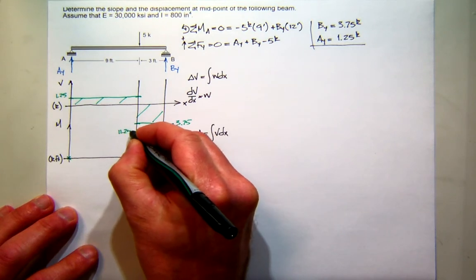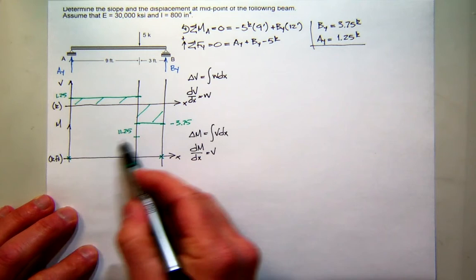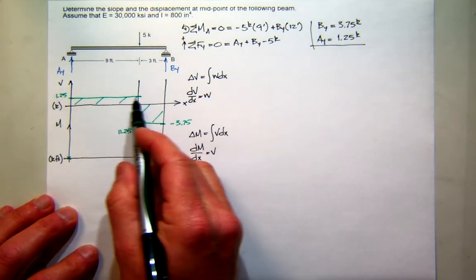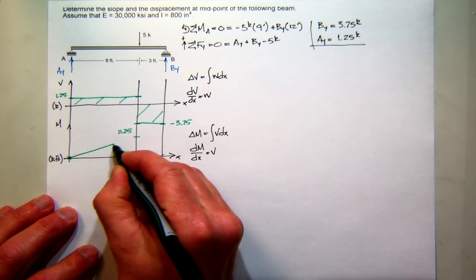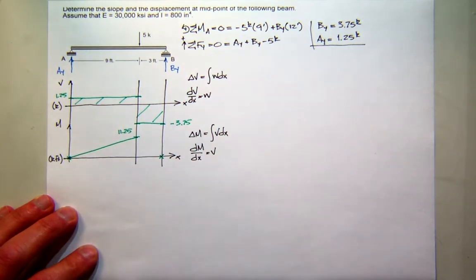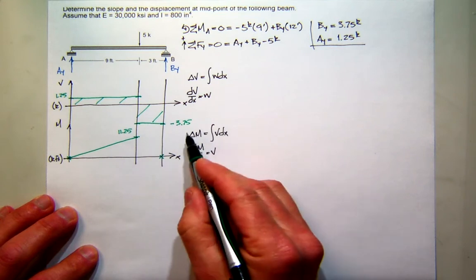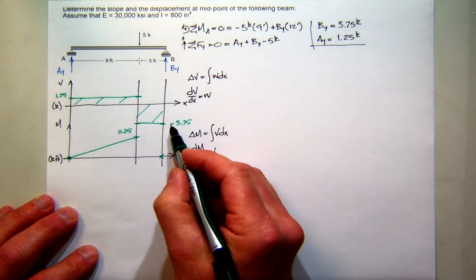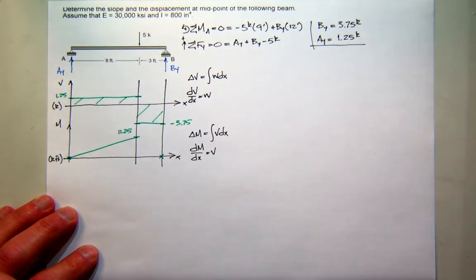What's the slope, or the shape of this curve? Well, the slope is equal to the shear, and the shear is constant and positive, so we have a constant positive slope. Now over the last 3 feet, the change in moment is equal to the area in the shear diagram, and that is negative 3.75 kips times 3 feet, which I think is negative 11.25, which is great.